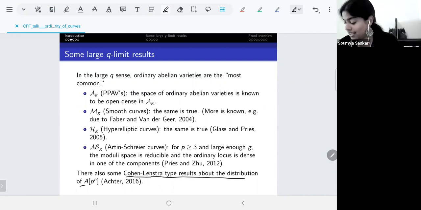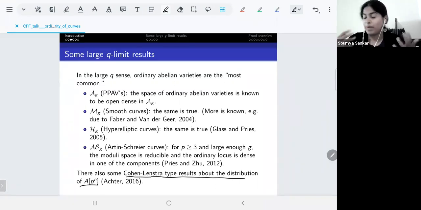The idea is that if you fix a geometric isomorphism class for the symmetric BT_n group scheme, a candidate for the p^n torsion, then inside that class the probability that something occurs is 1 over the size of the automorphism group. That's what I mean by Cohen-Lenstra type.